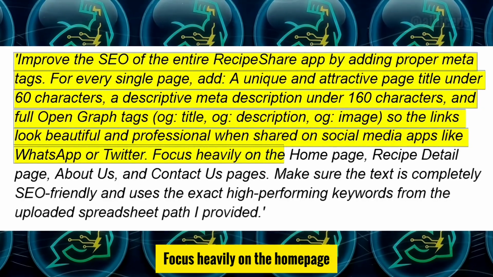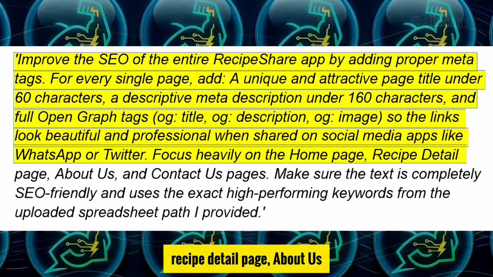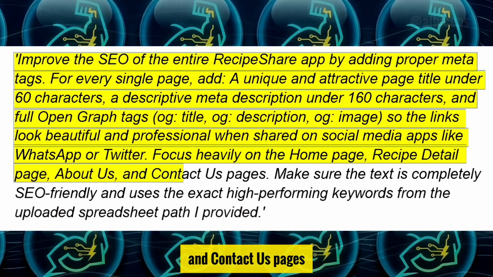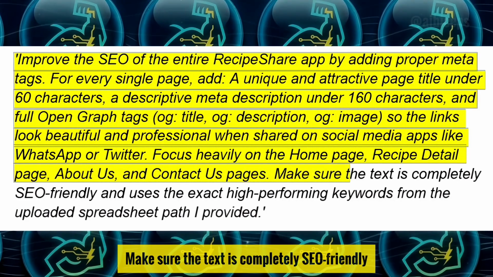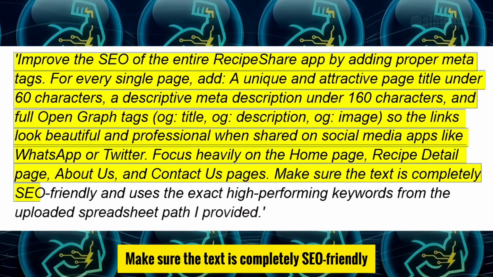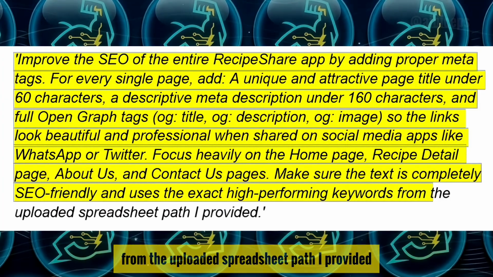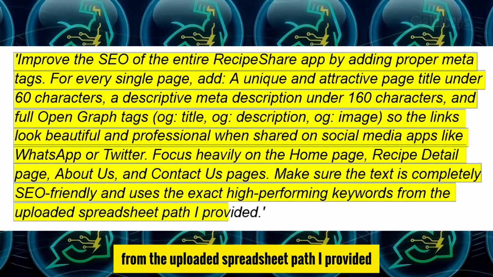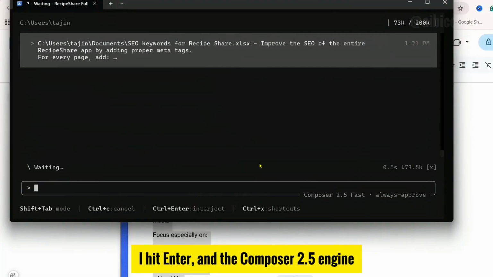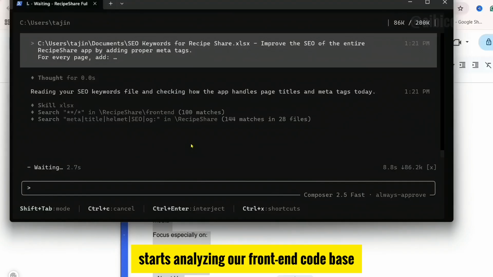Focus heavily on the home page, recipe detail page, about us, and contact us pages. Make sure the text is completely SEO friendly and uses the exact high-performing keywords from the uploaded spreadsheet path I provided. I hit enter, and the Composer 2.5 engine starts analyzing our front-end code base.